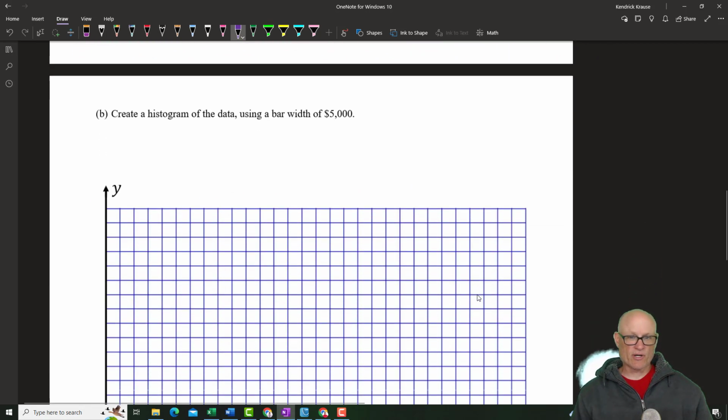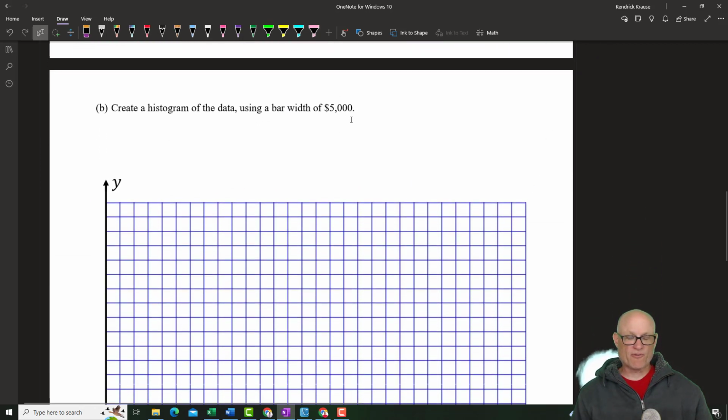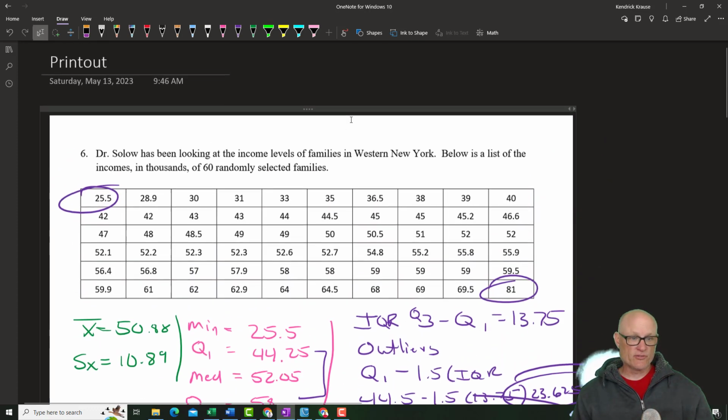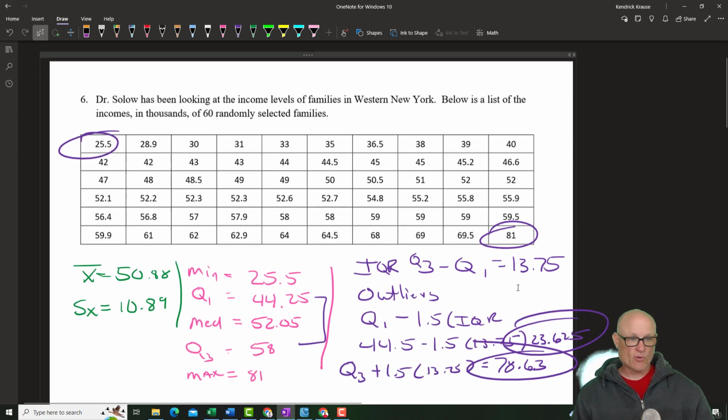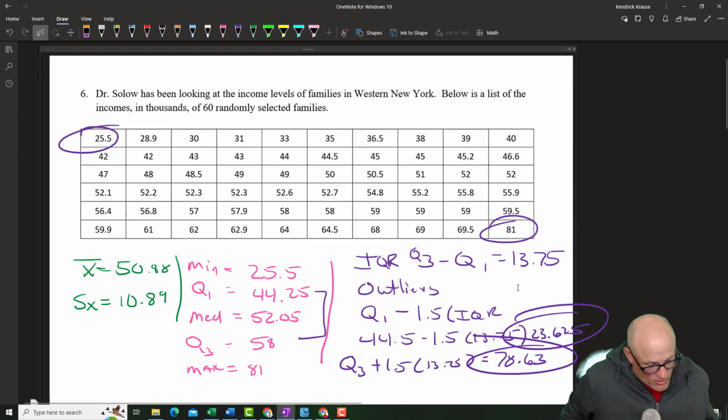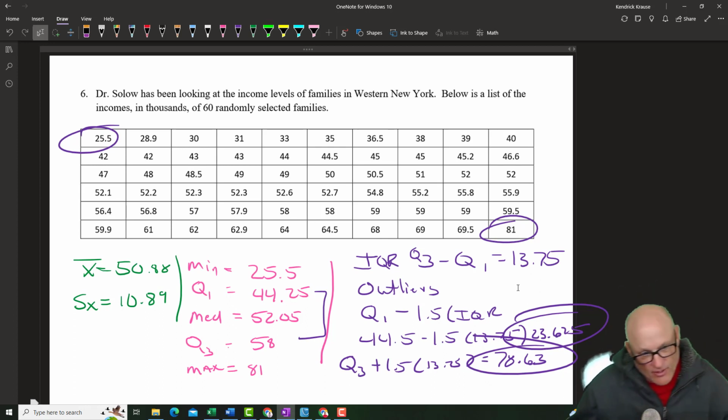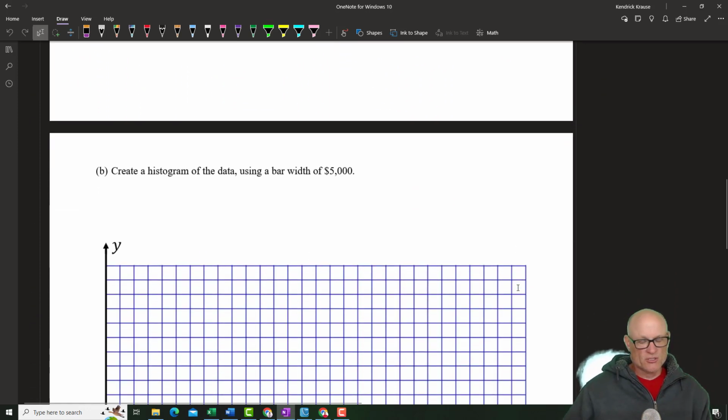So next thing I asked you to create is a histogram with bar widths of $5,000. So our lowest is 25,000 and our highest is 81,000. So why don't we just go from, this is not fun. Shoot.